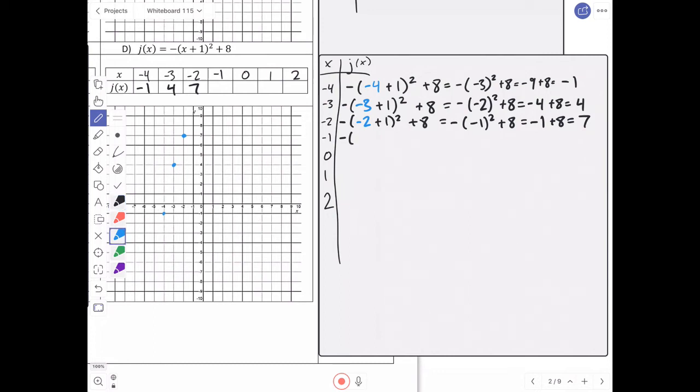Negative 1 plus 1 squared plus 8, which is 0 squared plus 8, which is 0 plus 8, which is 8. Negative 1, 8.